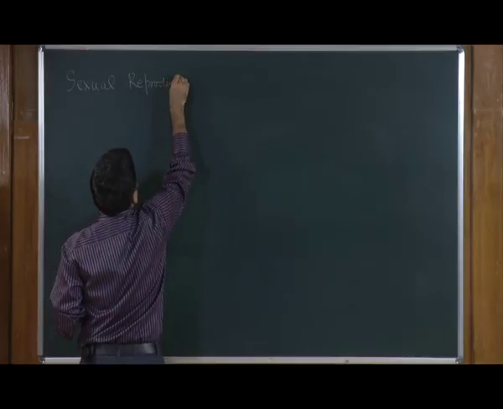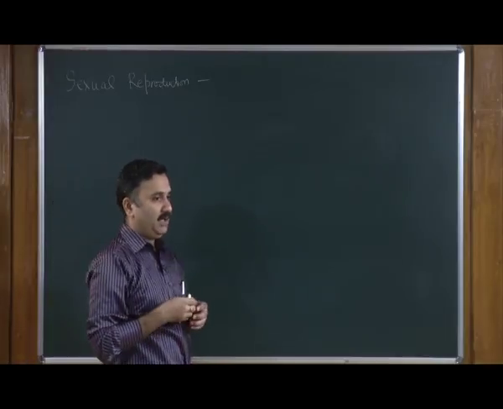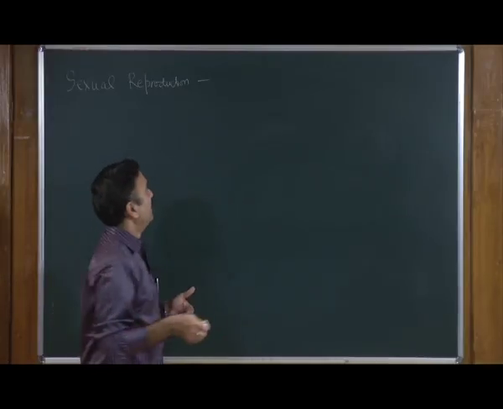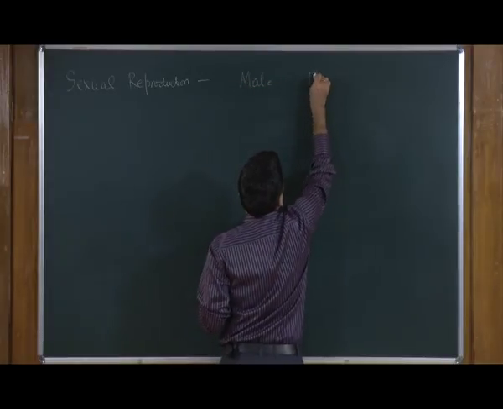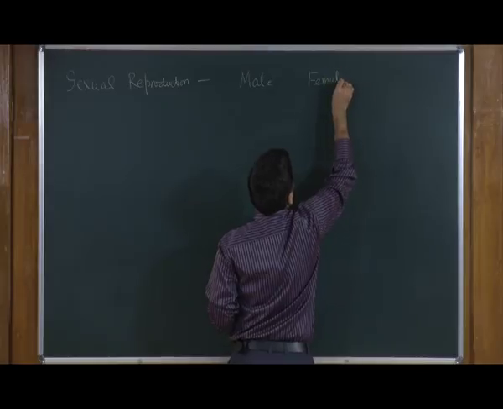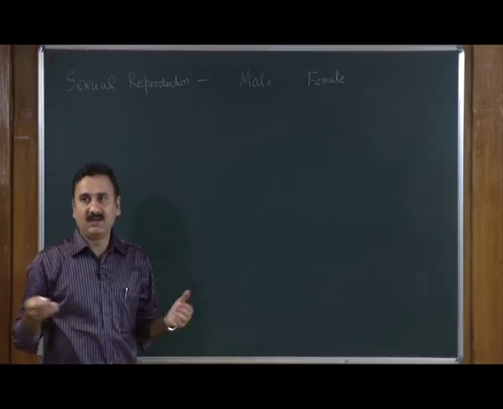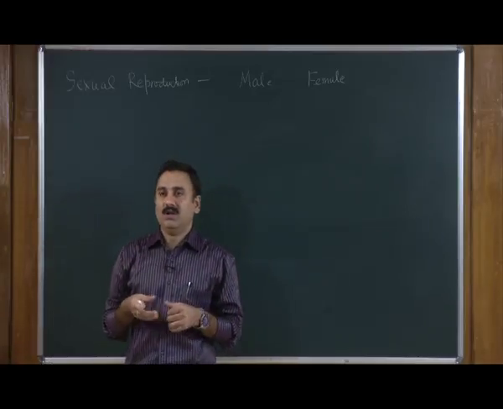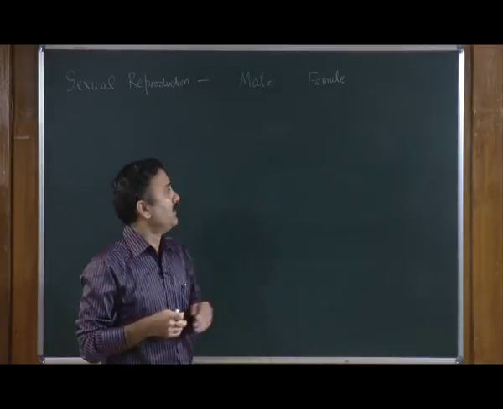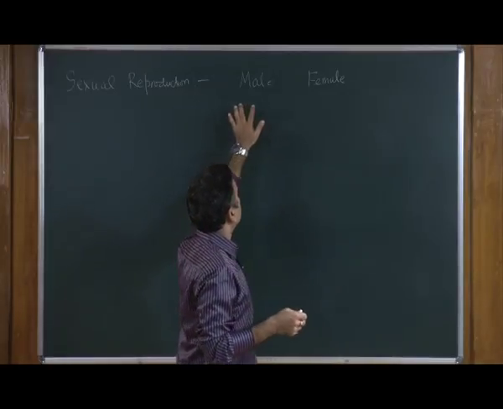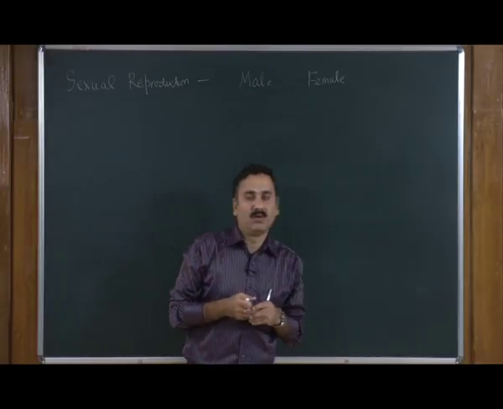Every organism that wants to continue with sexual reproduction should have a male individual and a female individual, and both of these produce gametes, and these gametes are then fused and give rise to new organisms. And that is why, for sexual reproduction, the presence of male and female individuals is important.